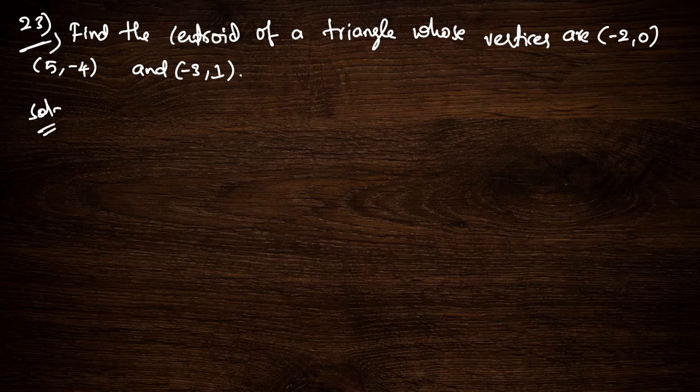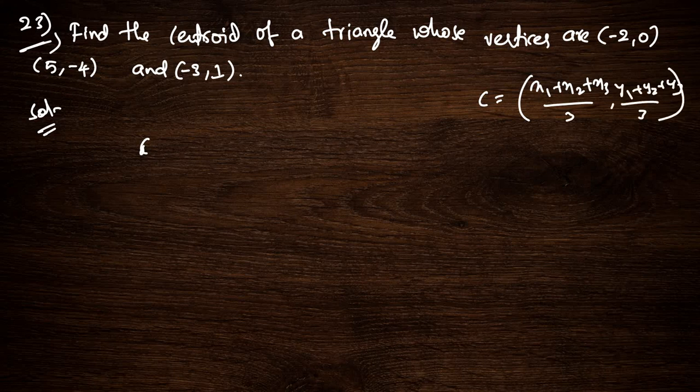Now the 23rd one, this is the last question. Find the centroid of the triangle whose vertices are given. What is the centroid formula? It is ((x1 plus x2 plus x3)/3, (y1 plus y2 plus y3)/3). This is the centroid formula we have to use. Given points are (minus 2, 0), (5, minus 4) and (minus 3, 1).